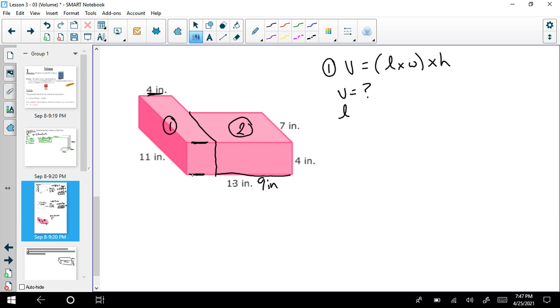My length is going to be this here, so my length is 4 inches. My width is this here, so I have 11 inches. And my height is the same as over here, because it would be the same all the way across. So it's 4 inches here.